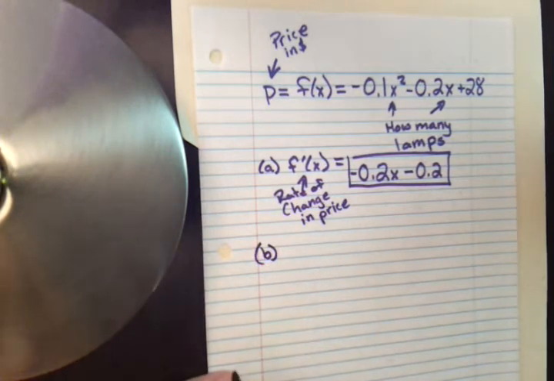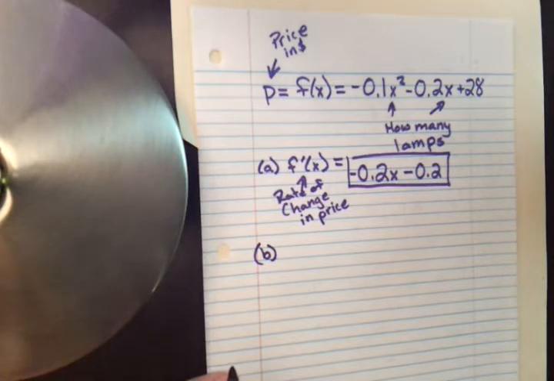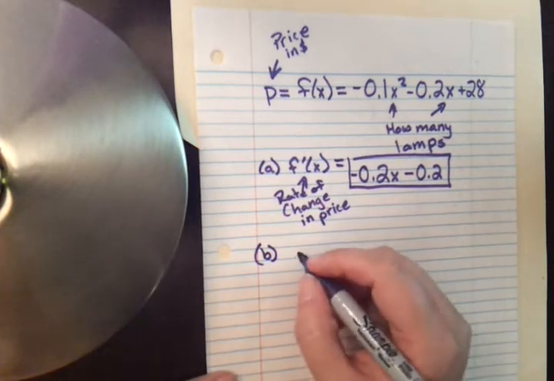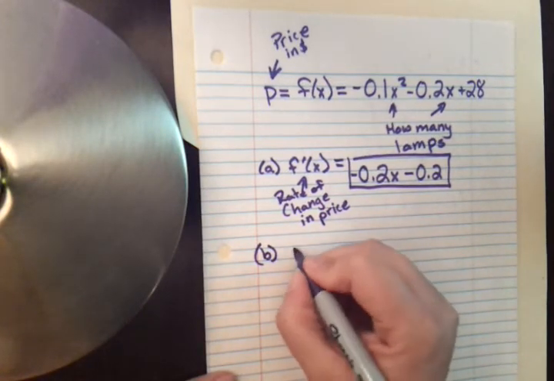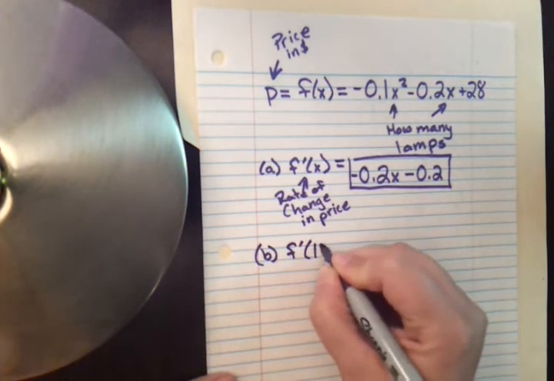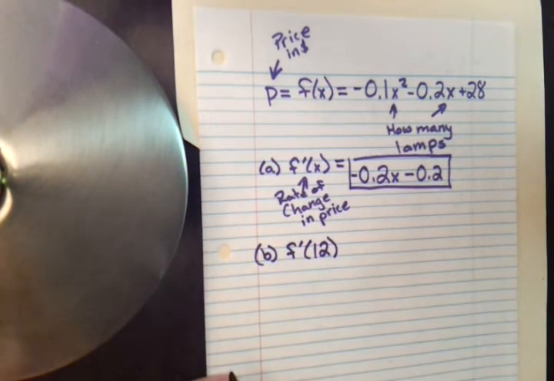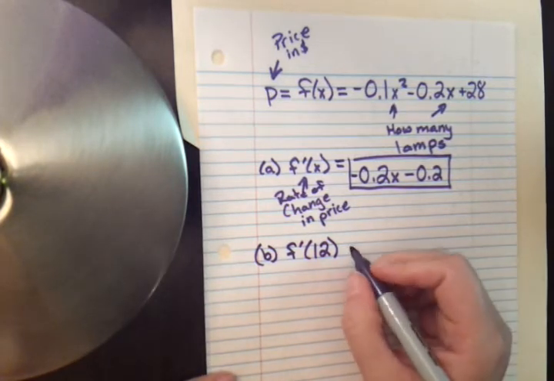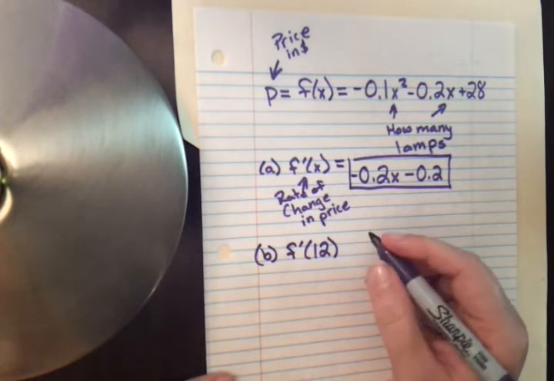And what does B ask us for? B asks us for the rate of change of the unit price when the quantity demanded is 12,000 units. They said in the problem that units are in thousands, so that means we need to be looking at f prime of 12. So they wanted 12,000, but we know this is in units of 1,000, so that's going to give us a 12.